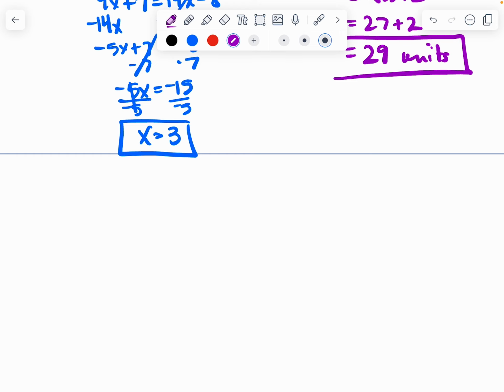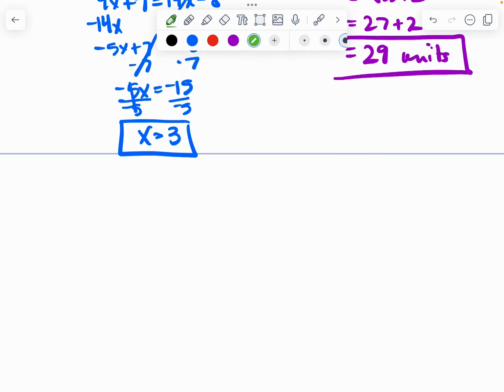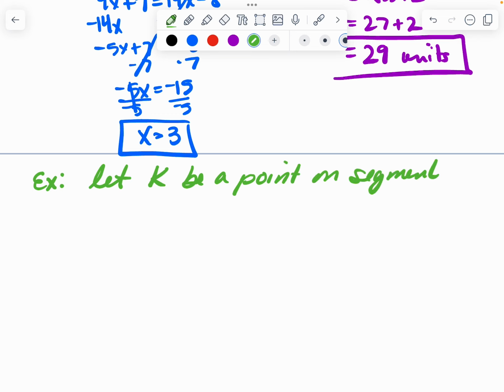Let's look at a third example. So let K be a point on segment SY. That's important because I need to know that I have a segment that looks like this, that S and Y are the endpoints, and K is somewhere in there.